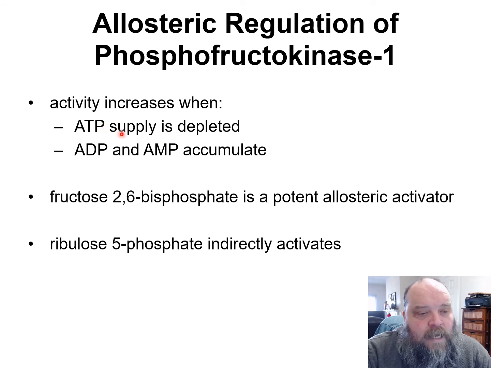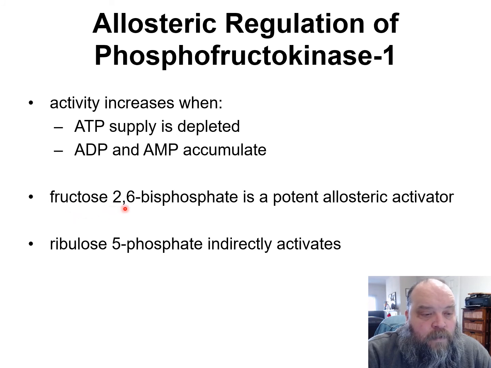So it's not just the ATPs going away, it's the ADP and AMP levels increasing in the cell. As we talked about in the last chapter, ADP and AMP have their own roles in the cell. They're not just a byproduct of the hydrolysis of ATP to get the high energy inorganic phosphate.